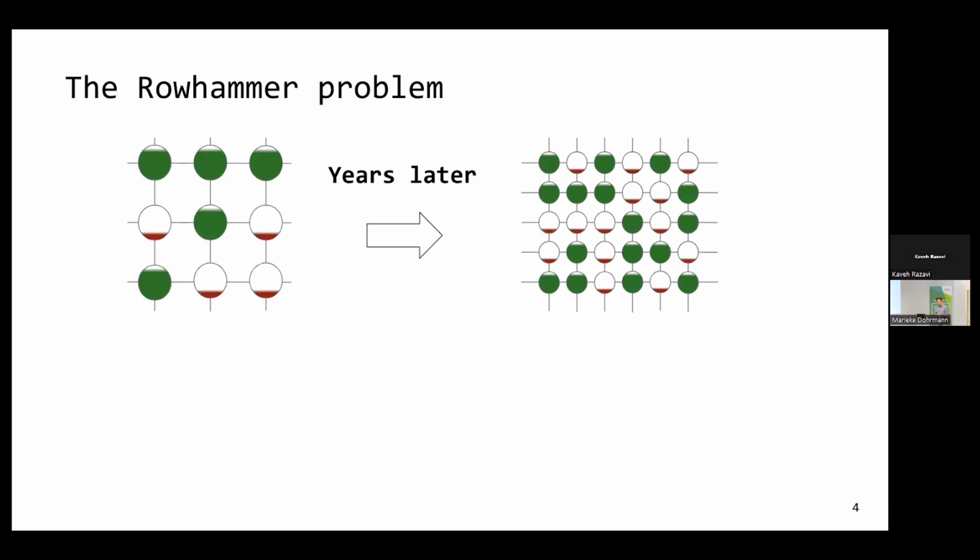As a result, the amount of charge that you need to store in each of them has become smaller, and they also become very, very close to each other. Then people realized that you access DRAM at the granularity of a row, and you could access one row very quickly.